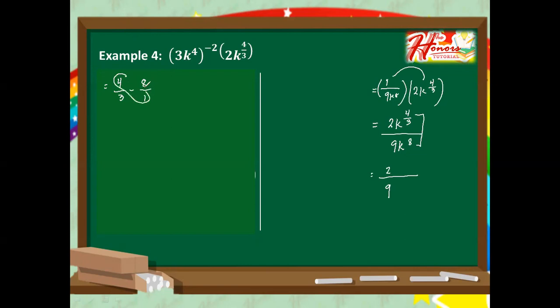So we have here 4 times 1, that's 4. And 8 times 3, that's 24. 3 times 1 is 3. So that's 4 minus 24 over 3. 4 minus 24 is negative 20 over 3. This is your exponent.